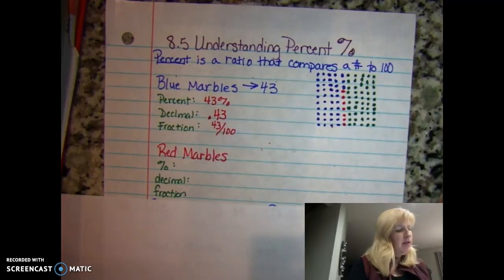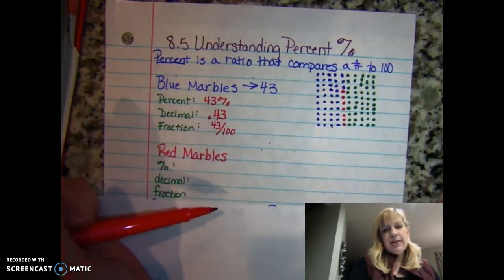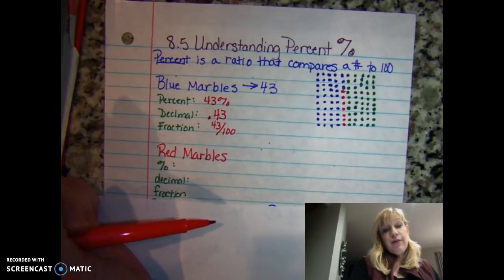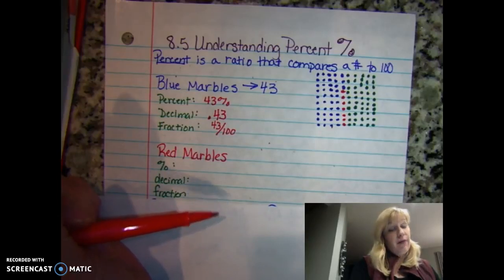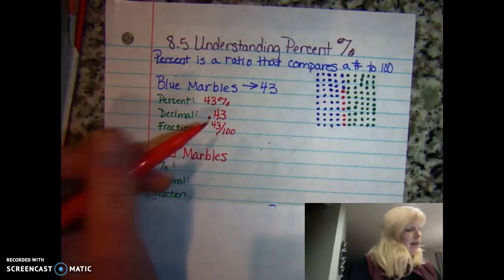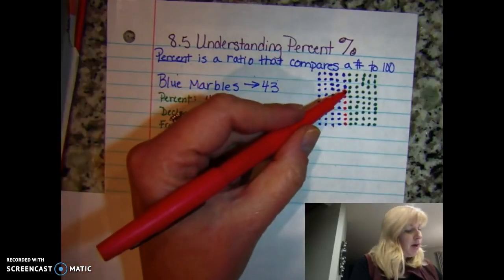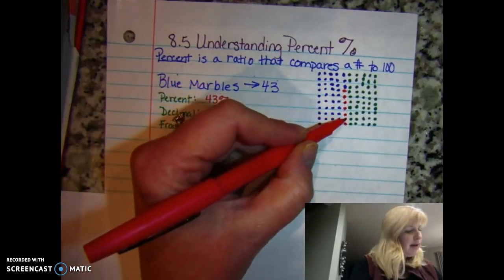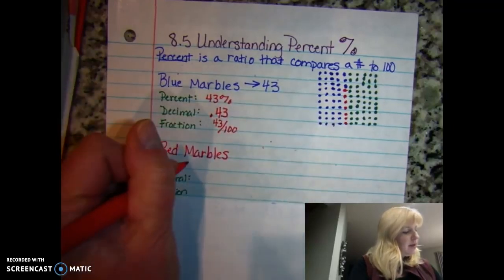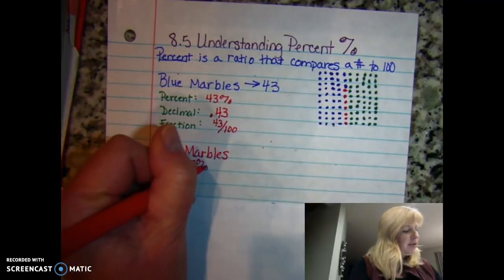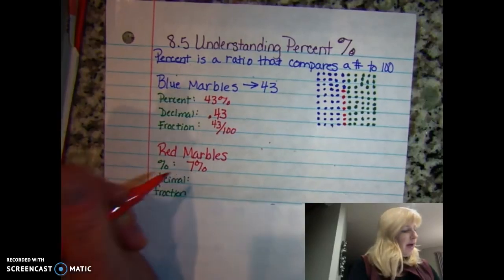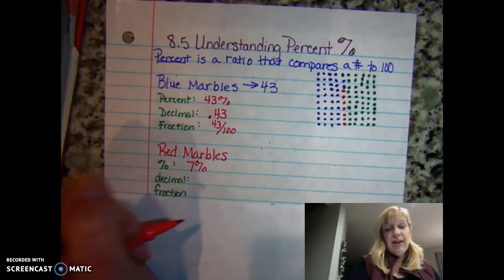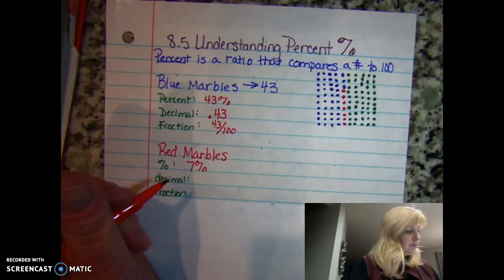I want you to take a look at what I did up here, pause the video, and see if you can figure out the percentage of red marbles. All right, so I am going to count 1, 2, 3, 4, 5, 6, 7. So that would be 7%, 7 out of 100, or 7 hundredths.